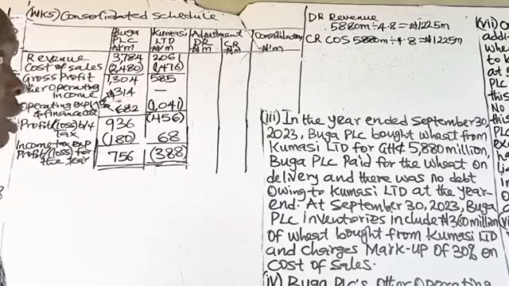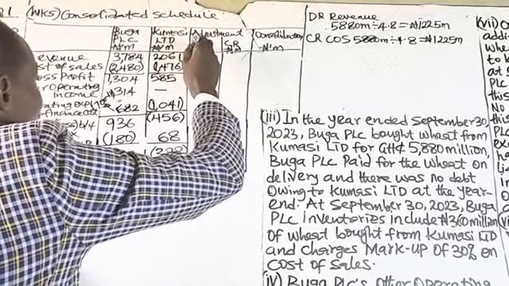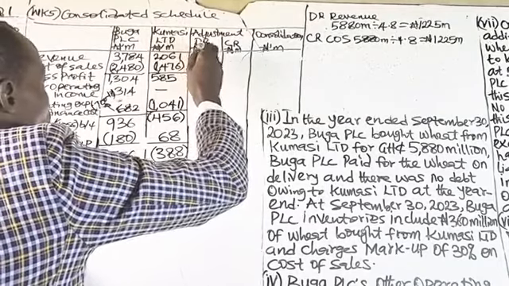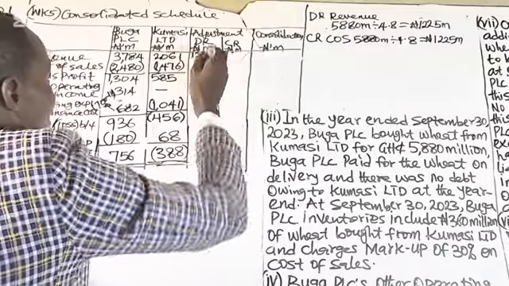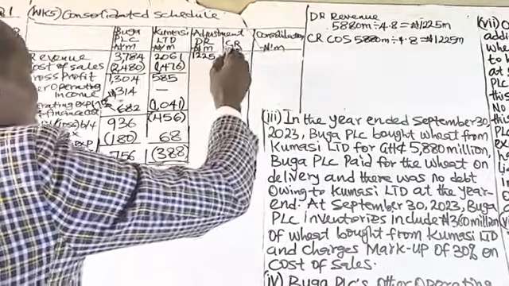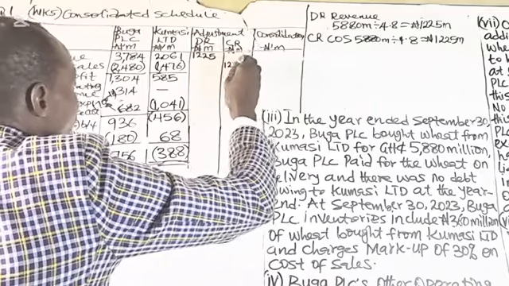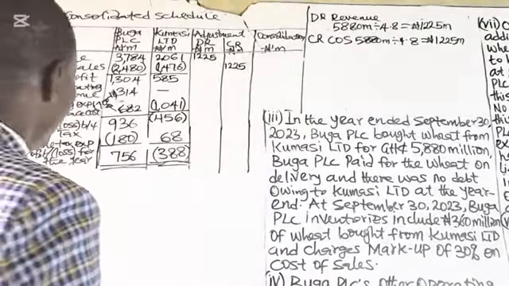Remember, revenue is supposed to have a credit balance. If you debit it now, that means you are subtracting this 1,225 from revenue. And since cost of sales is an expense, if you credit it, that means you are subtracting 1,225 from cost of sales.